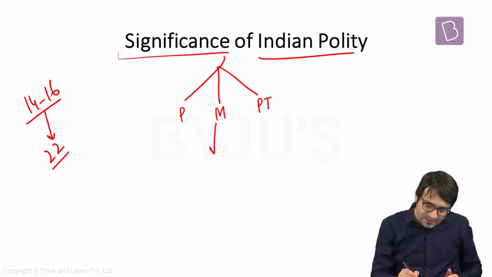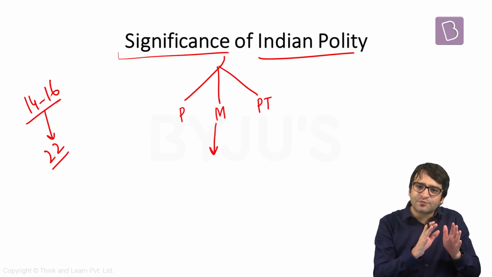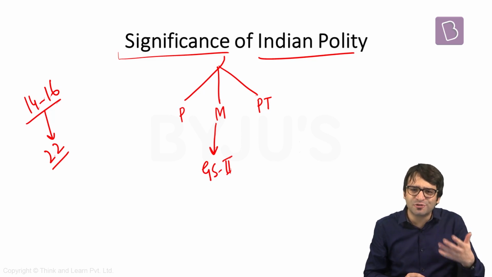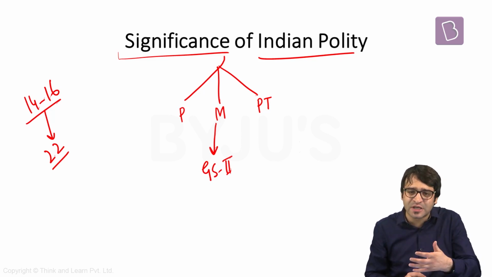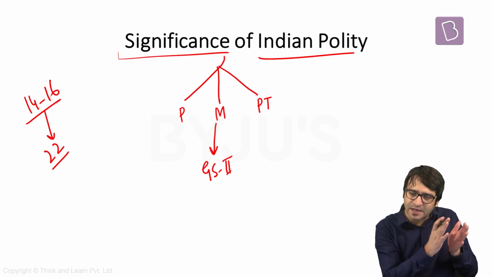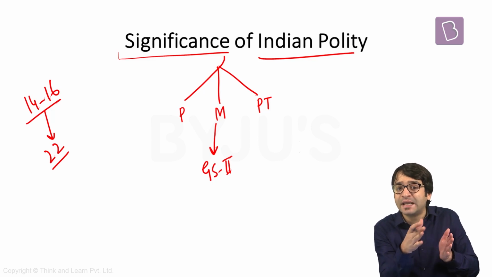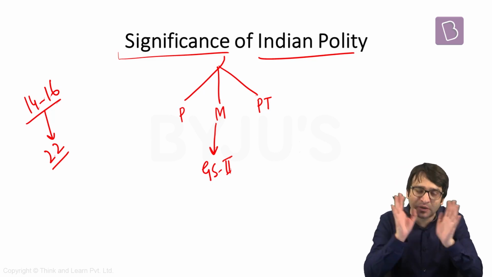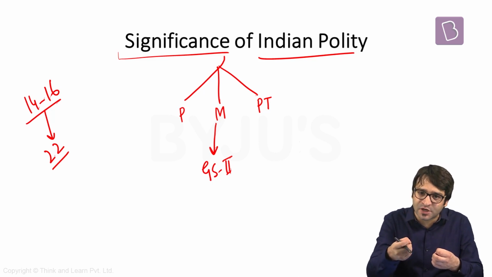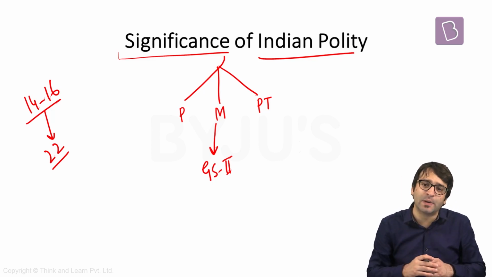If you look at mains, there is relevance for Indian polity in your GS paper 2. GS paper 2 talks about constitution, governance, social justice, international relations. 250 marks have been allocated to GS paper 2. On an average, 150 to 180 marks are allocated to Indian polity itself. That makes Indian polity one of the most important subjects in your mains examination as well.